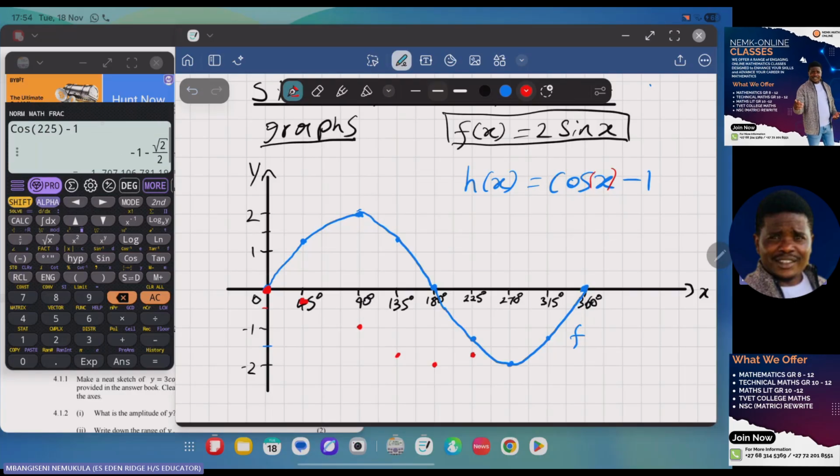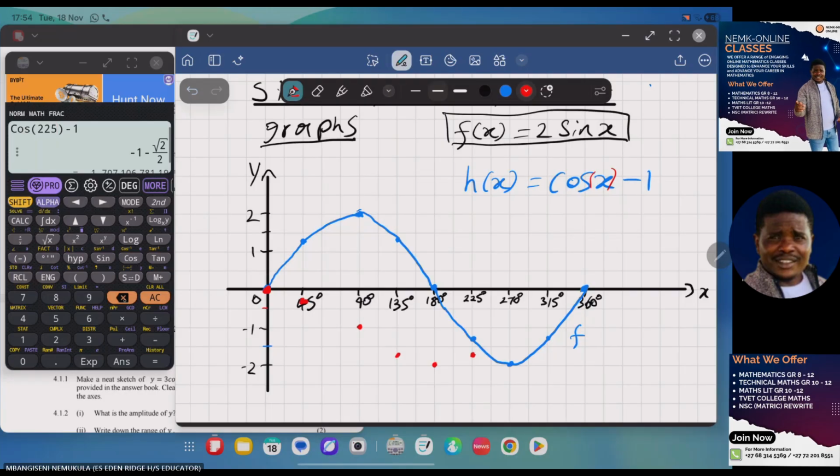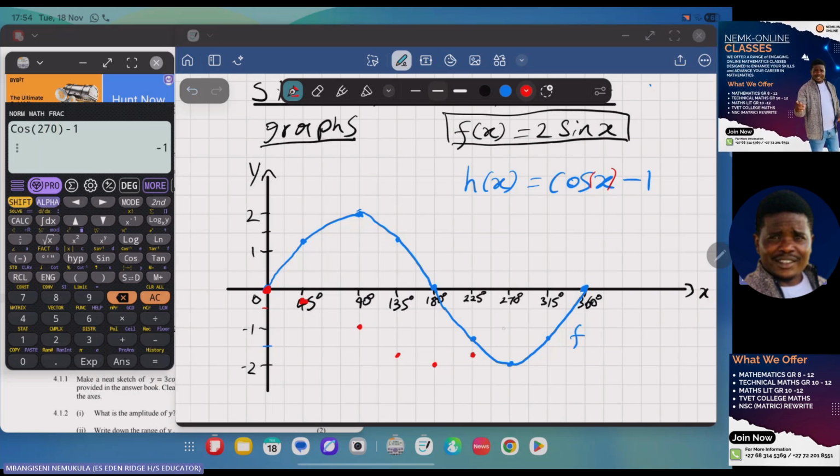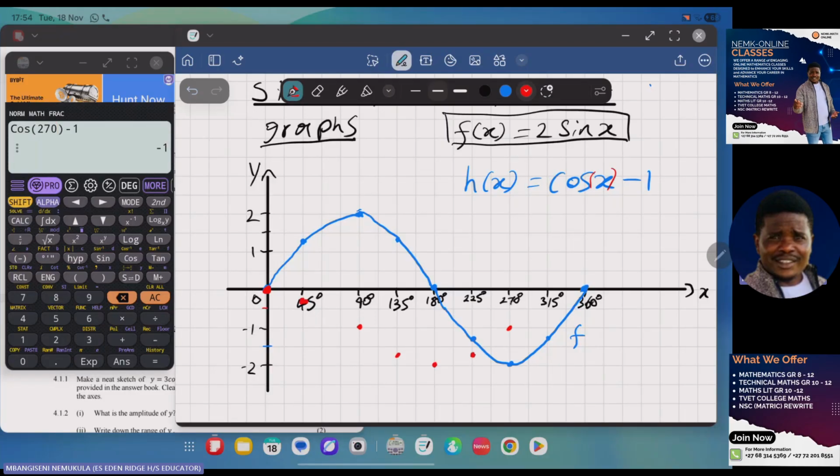And then go to 270. What do we get there? -1. 270 and -1, they meet here. We're just plotting.